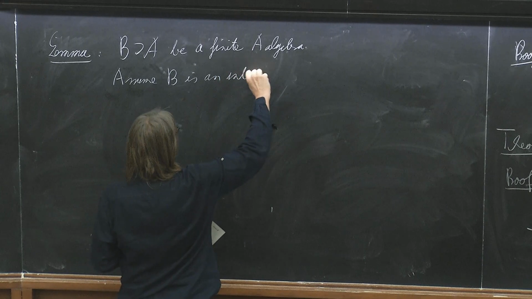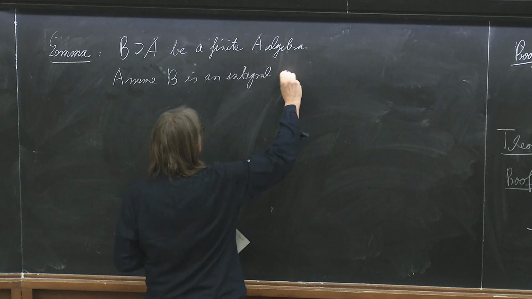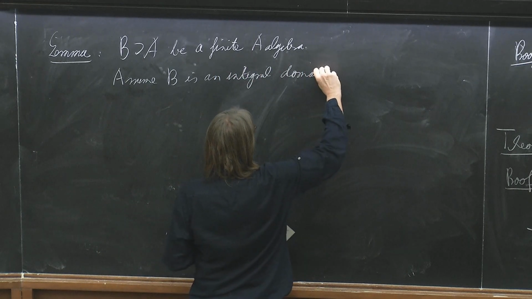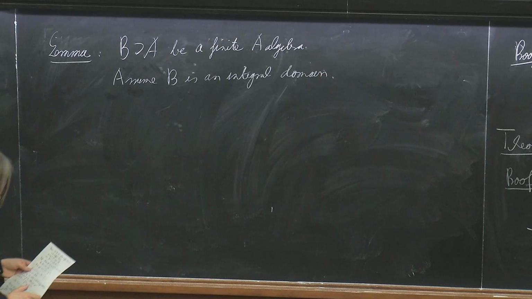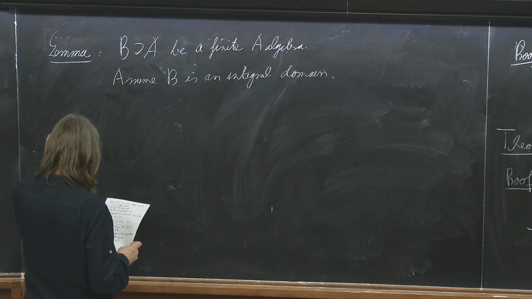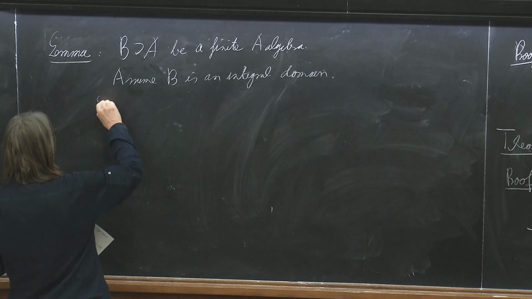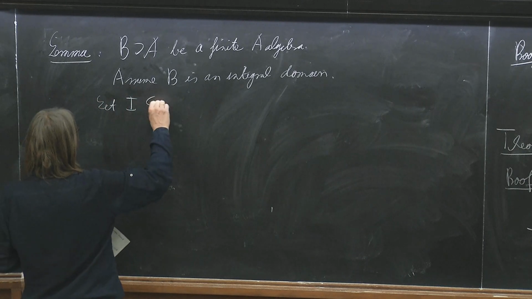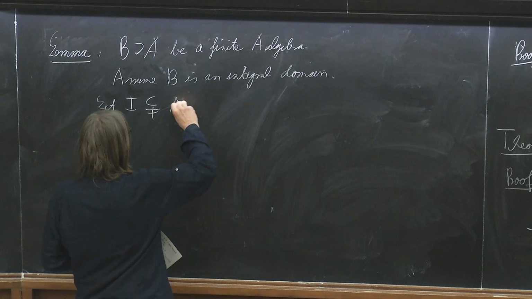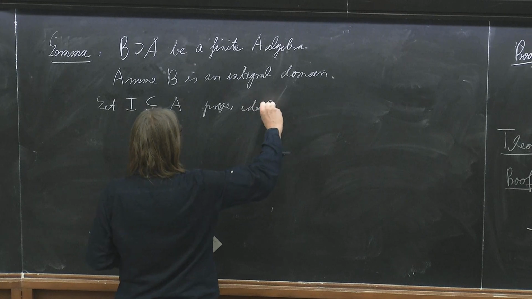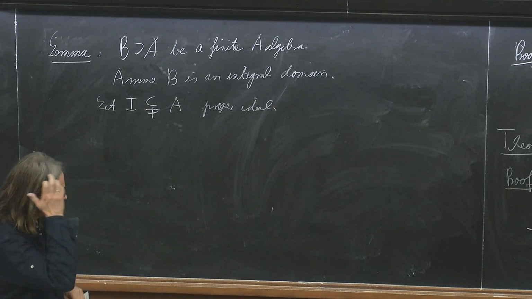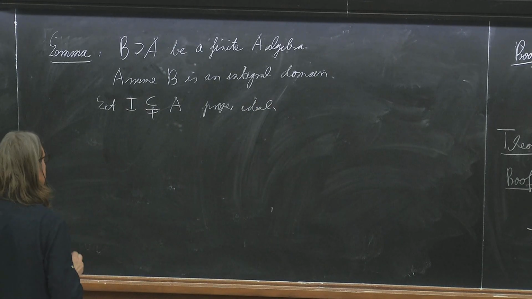Fine in our case, because B is AX and AX is a variety, and so the coordinate ring is an integral domain. And take a proper ideal I in A. As we are given here, this is this M.